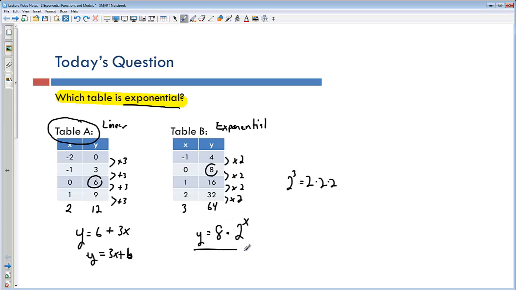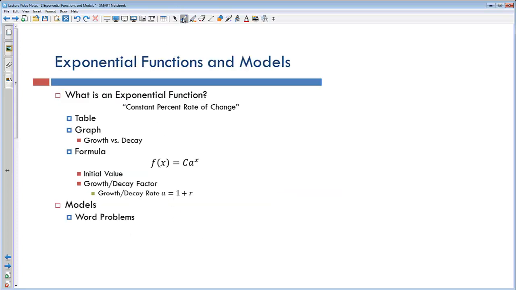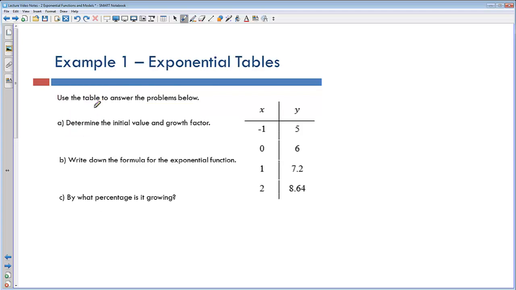And so this is the idea of an exponential function. So basically, what is an exponential function? The idea is you have this sort of constant percent rate of change. And so before we think too much about that, let's just look at an example involving a table, so you can see a problem that's a little bit harder to see exactly, but once we do it, it'll make sense.